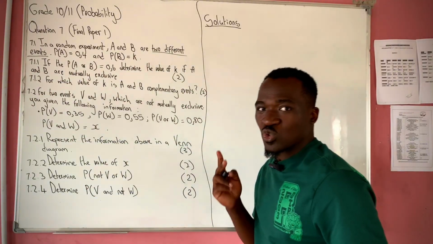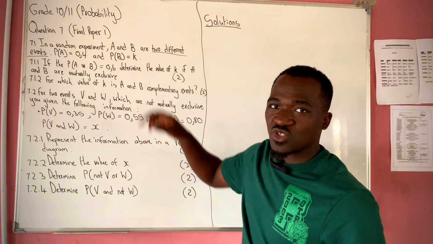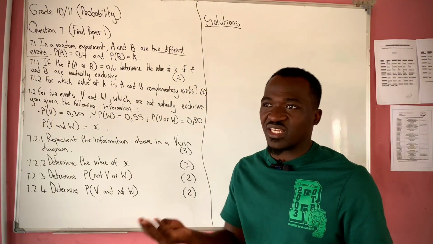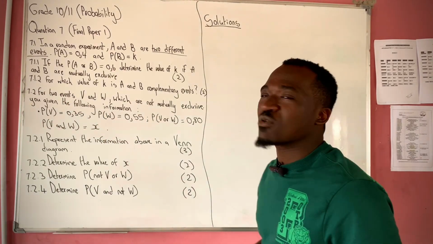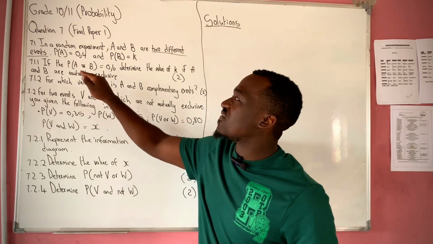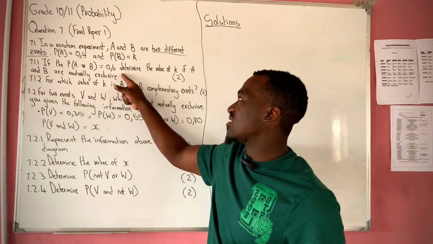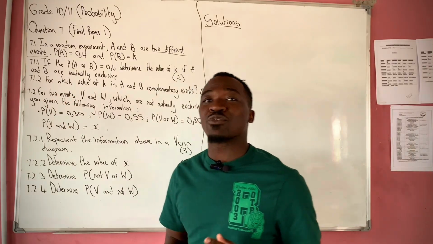When looking at two different events, those are keywords of these two events. So they are different, but we do not know how different they are. They're not specific. So now let's look at 7.1.1. 7.1.1 simply says if P of A or B is equal to 0.6, determine the value of K if A and B are mutually exclusive.